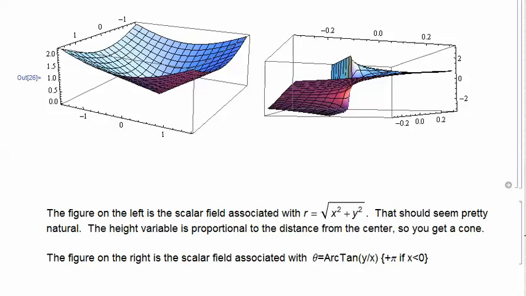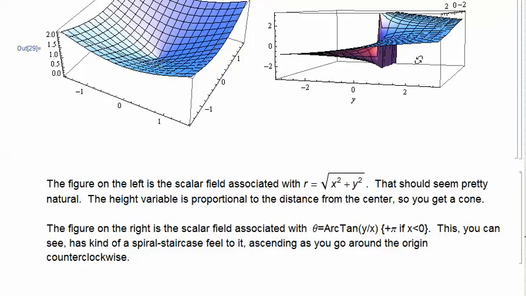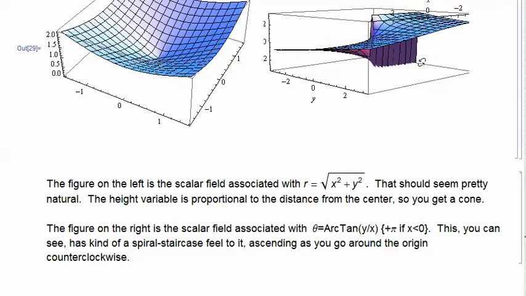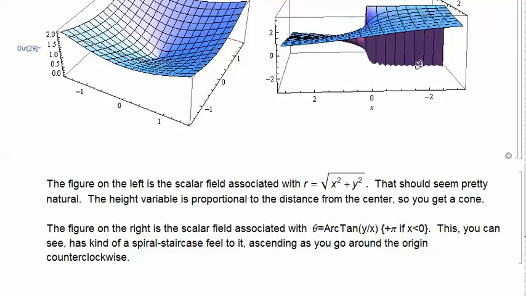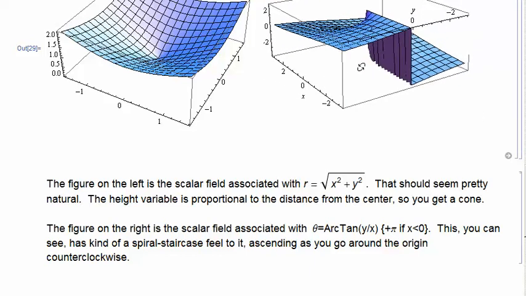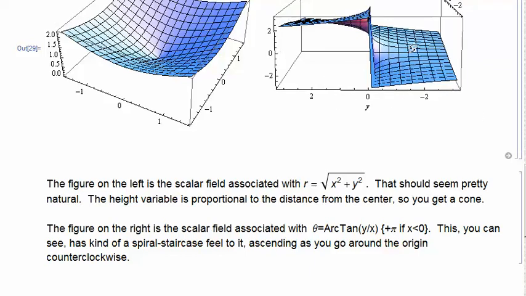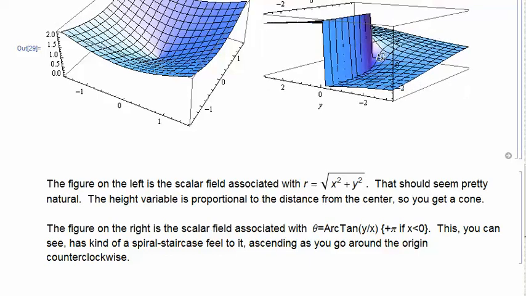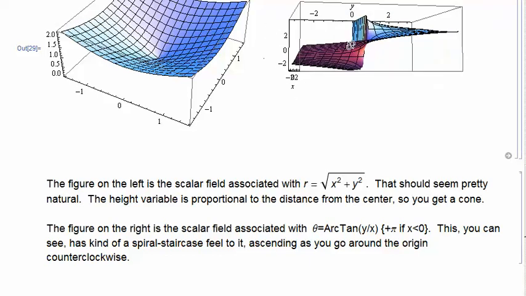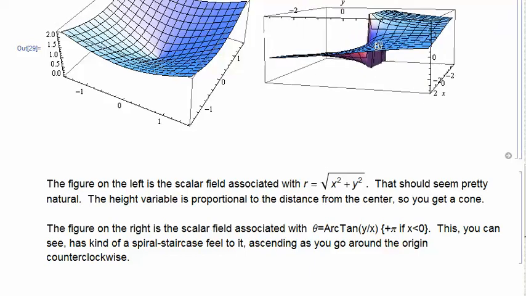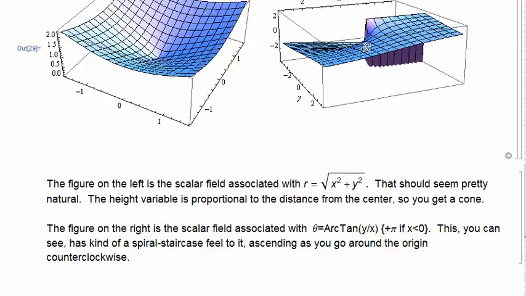This, as you can see, has a spiral staircase feel to it, ascending as you go around the origin counterclockwise, and then jumping back down to the bottom and climbing back up, because the angle goes from negative pi to positive pi.